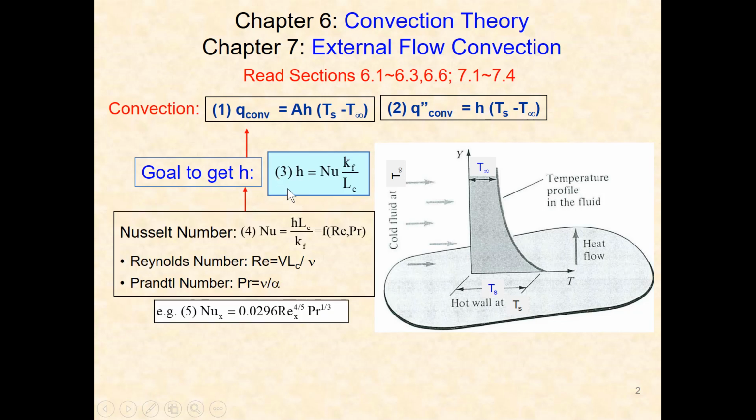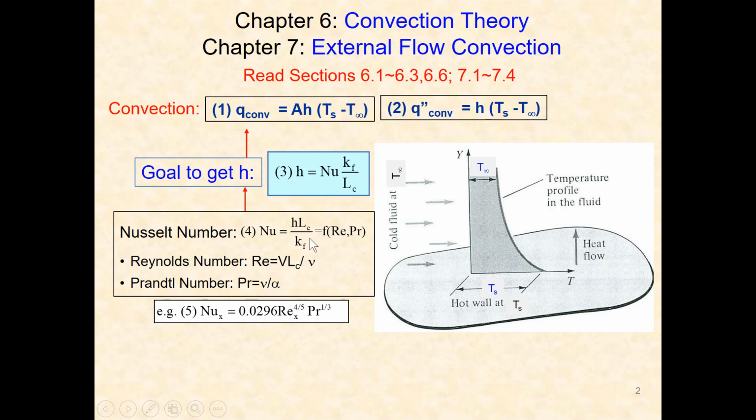We introduce equation 3 to calculate the heat transfer coefficient h. In this equation, k_f is the thermal conductivity of the fluid, L_c is the characteristic length of the solid body, and Nu is the new variable, the Nusselt number, which is defined in equation 4.